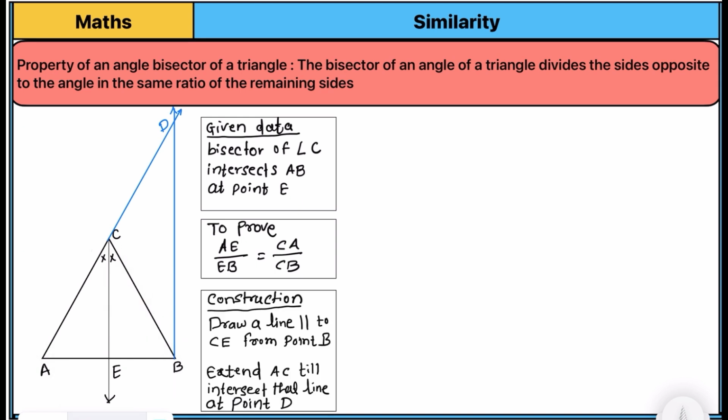To prove this, we have done some additional construction in blue lines. Let me explain that to you. First, we have drawn a line parallel to CE from point B. Where is C? C is here.